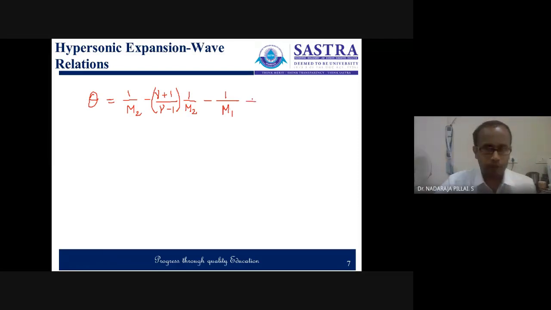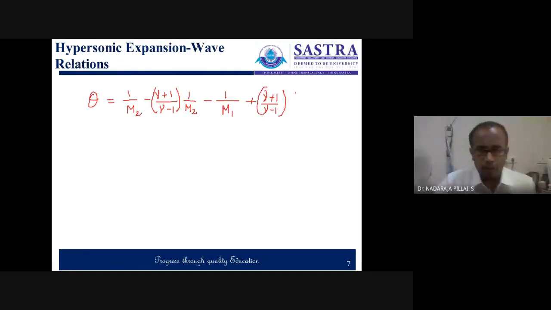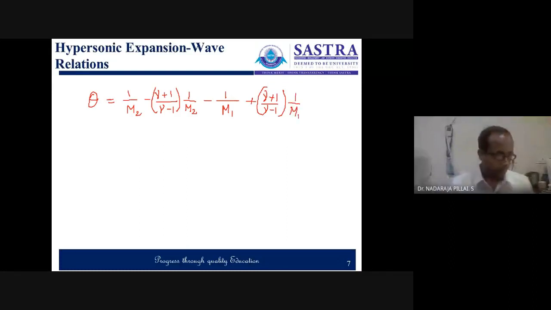This becomes 1 by m1 plus gamma plus 1 by gamma minus 1 into 1 by m1, right? So this is the equation, right? So from this equation, we can rearrange it. So let us rearrange this equation.